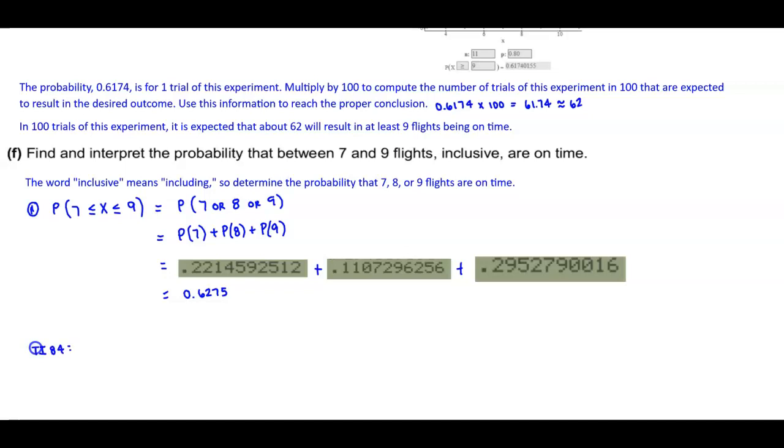Okay, now if we wanted to use the TI-84 calculator here, again finding the probability that X is going to be in between 7 and 9, we would have to do the following.